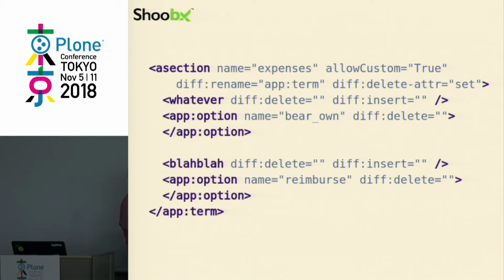And the option has been deleted, and this happens for the other option too. So we delete and insert here, that means move. And now the app option is not inside an app term, and that should say section here too. Sorry, I didn't see that before. This is the last thing I changed this morning.